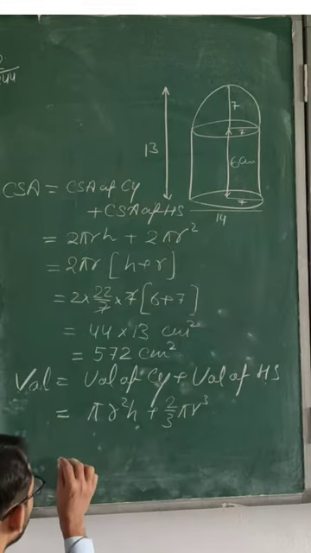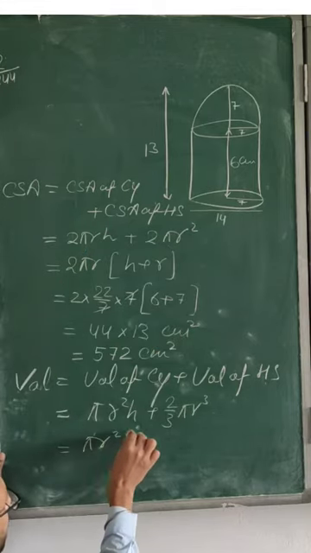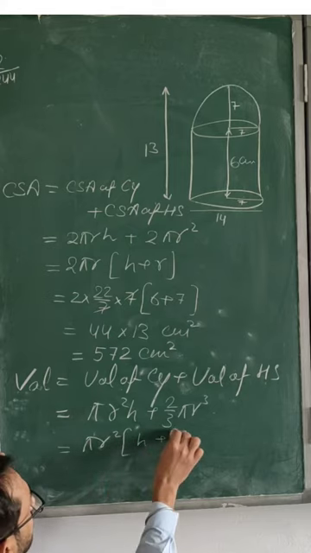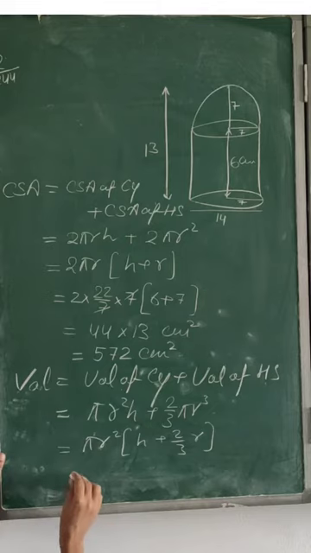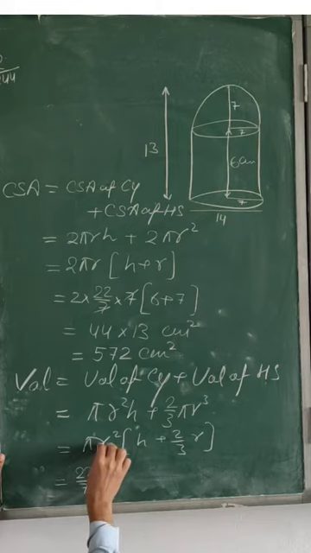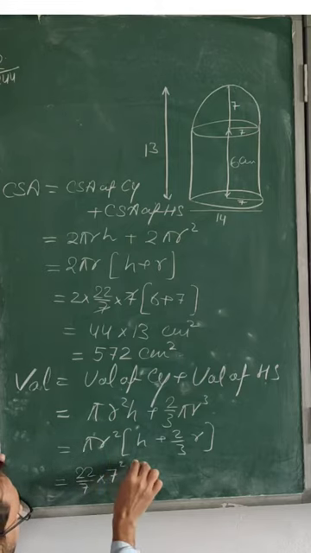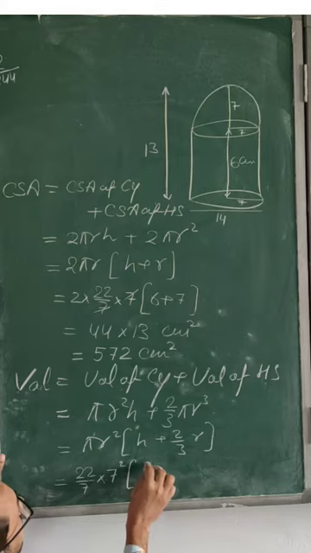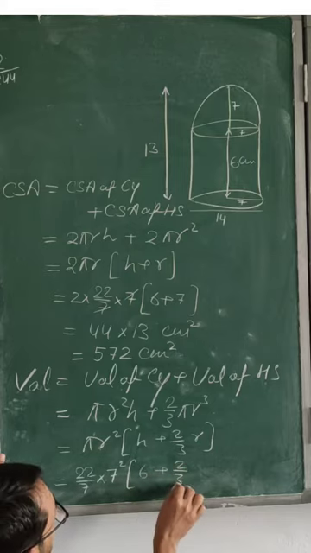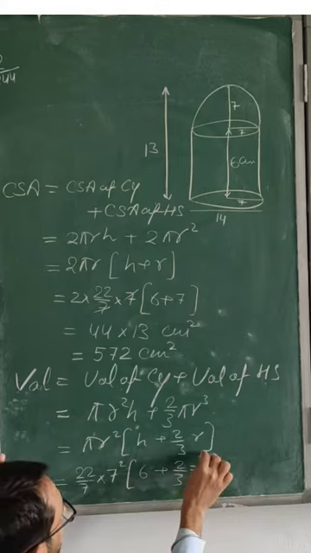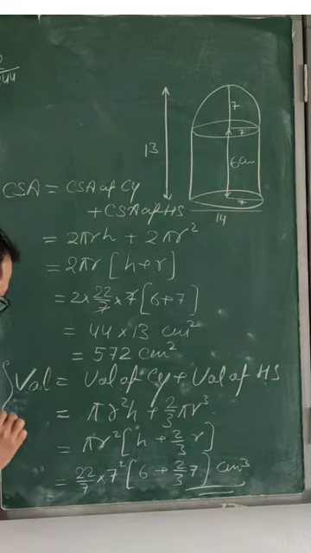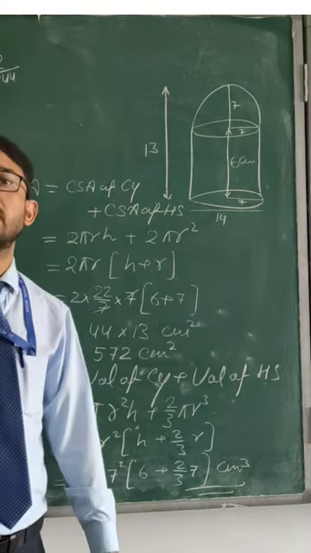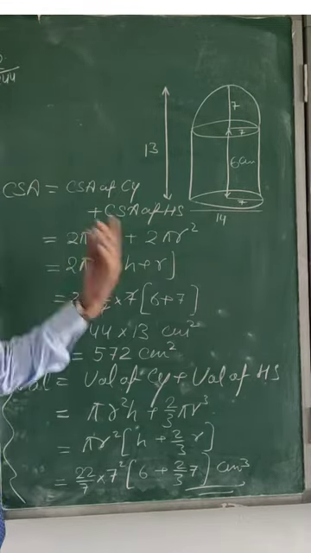What is common? I could take pi r square common, it will become h plus 2 by 3 r. I am just putting the values, the simplification you will do. 22 by 7 into radius 7 square, height of the cylinder 6 plus 2 by 3 into radius 7. This centimeter cube will be the volume. It is not asked in the NCERT book. I have just taught you what they may ask from us.